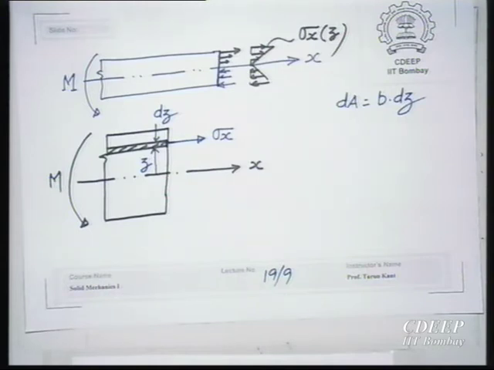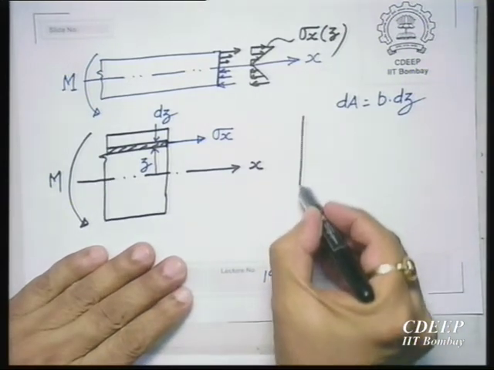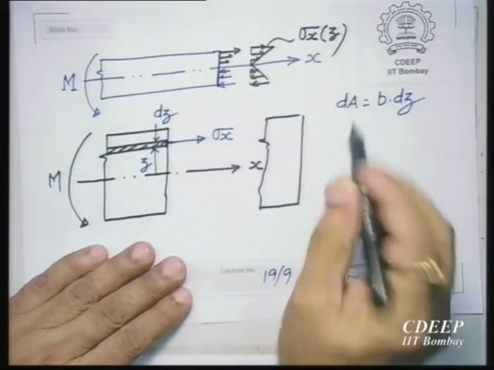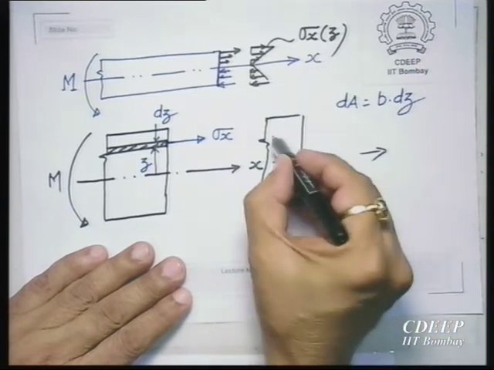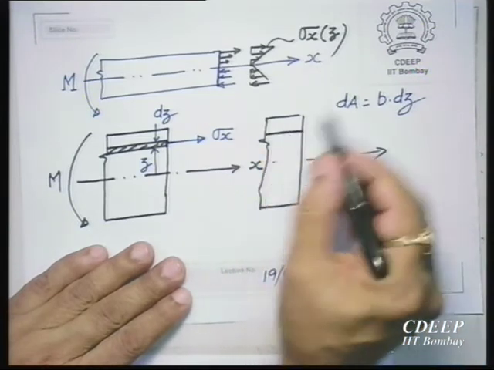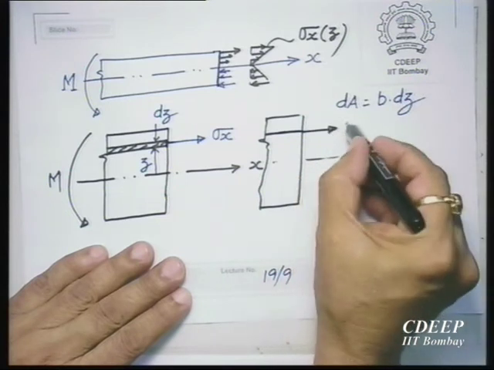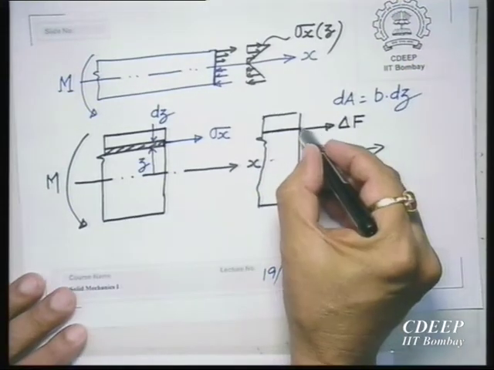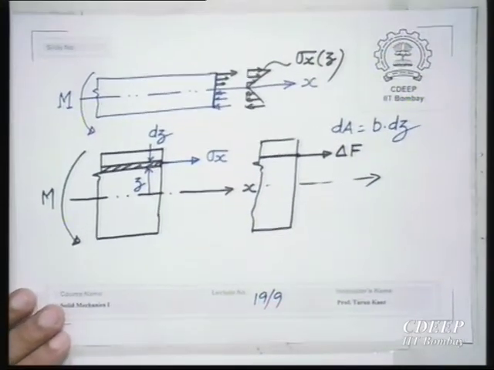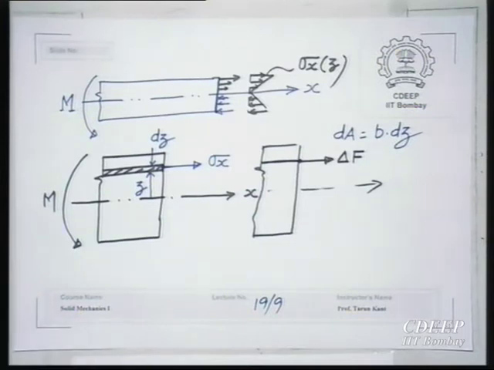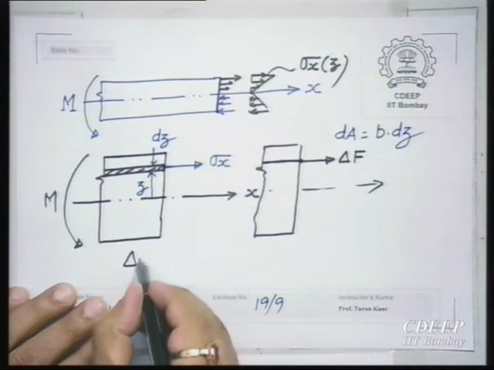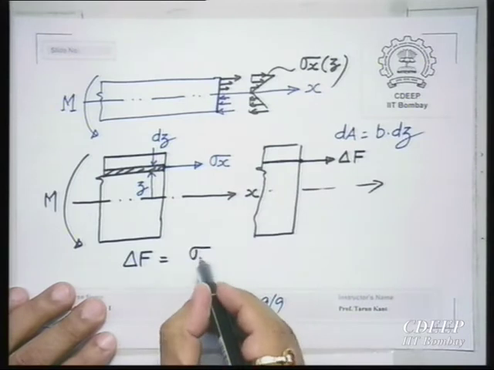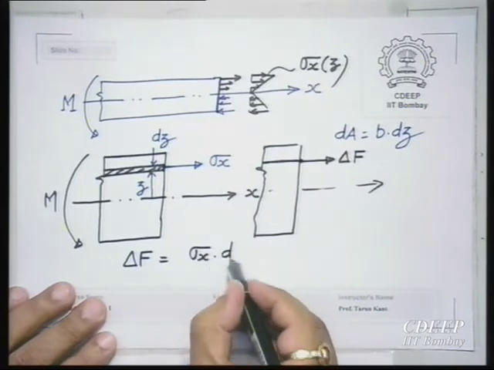Now let me draw a force diagram. At this point you have here df. From where are you getting df? df, a small force, is given by stress multiplied by dA.